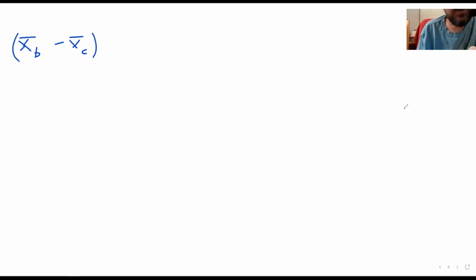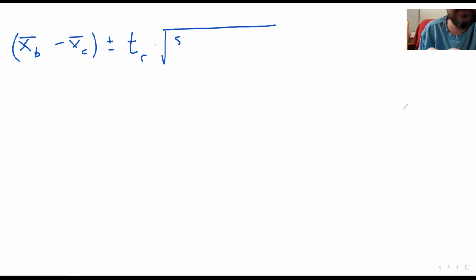That is my estimate for the difference between the population means, because it's the difference between our sample means, plus or minus our T critical value, T C rather than T alpha, times our standard error, which is the thing that we had before, but with S's instead of sigmas.